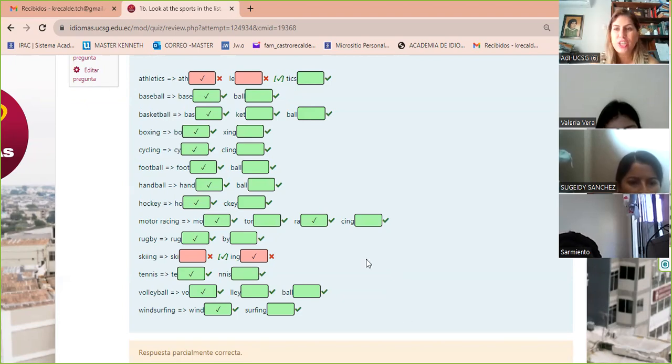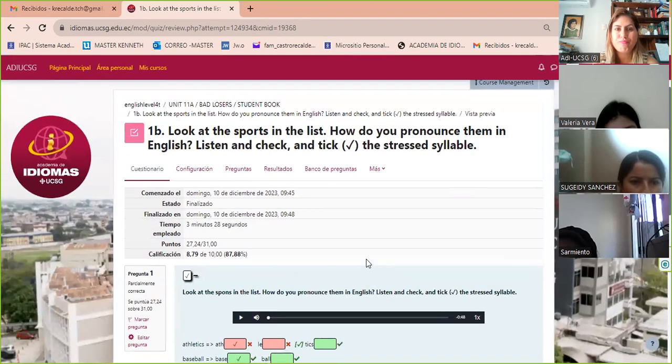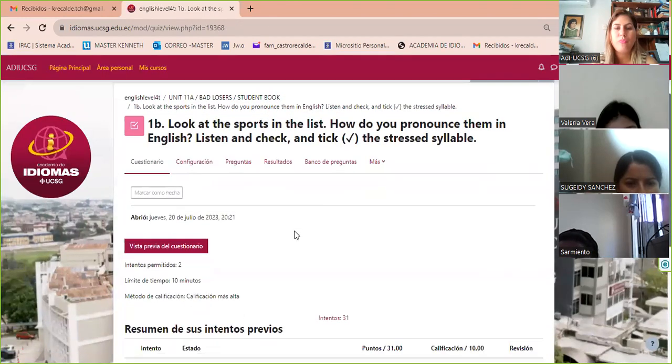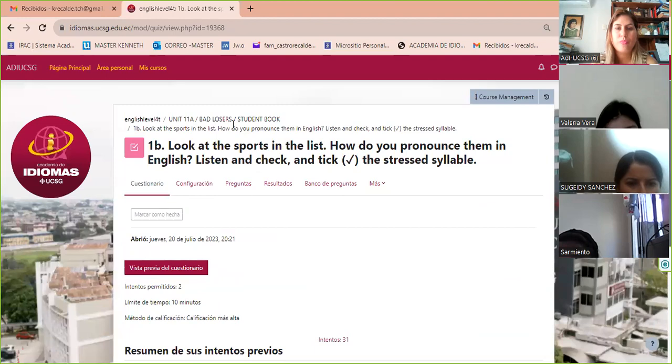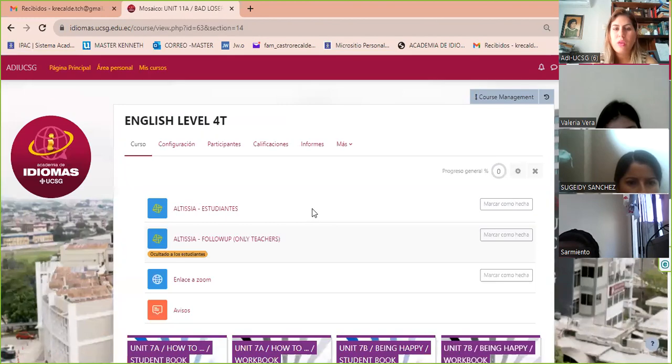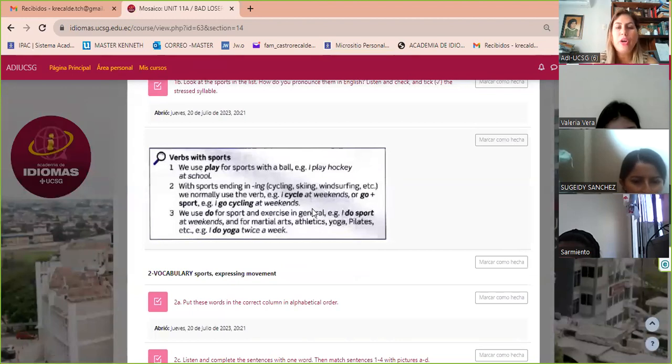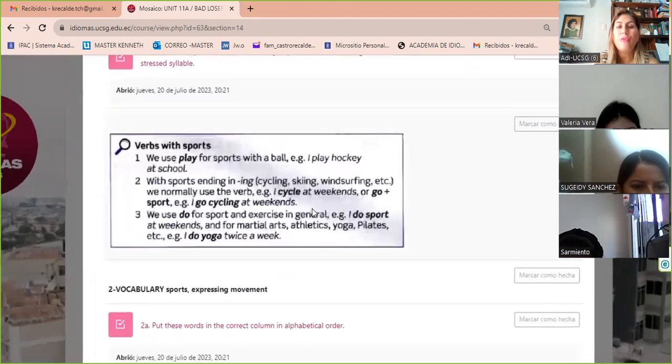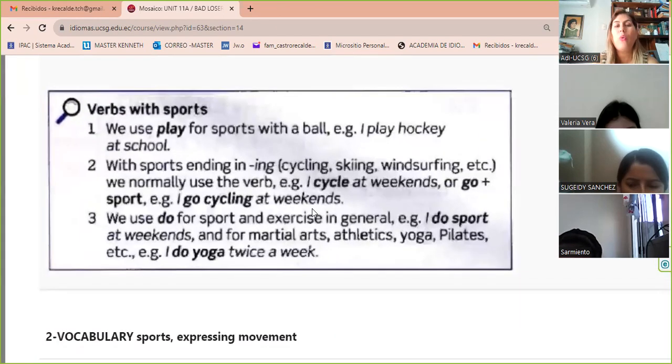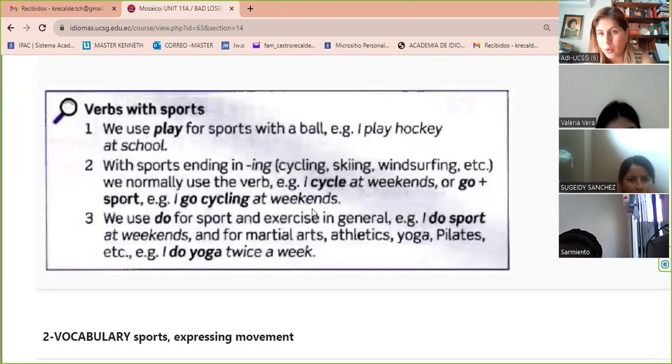Okay, sweeties, let's continue. Now that we finish this exercise, it says verbs with sports. For example, if you talk about sports with a ball, you say, I play. For example, I play hockey at school.